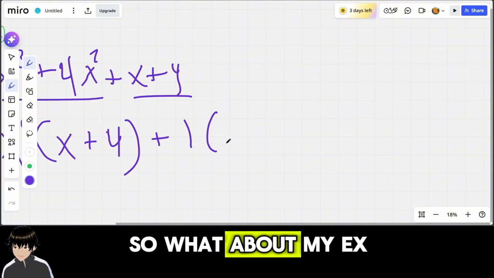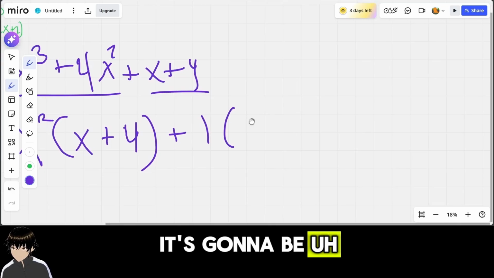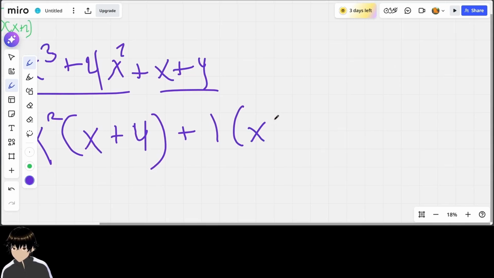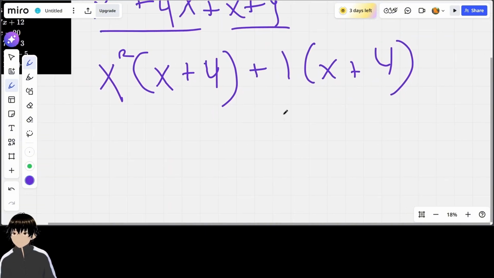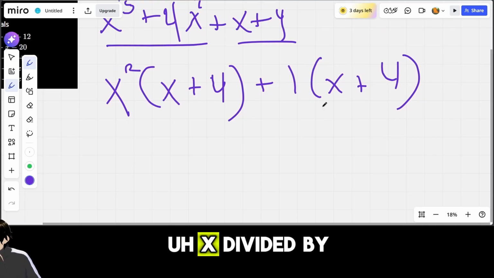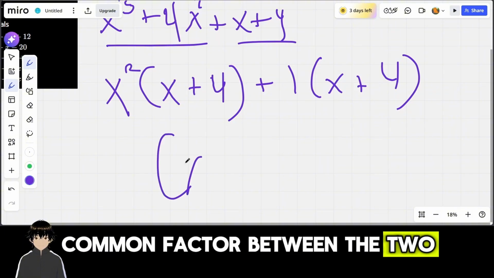So 1 divided by x is going to be... okay, so x divided by 1 is just x, 4 divided by 1 is going to be 4, so there's a common factor between the two.